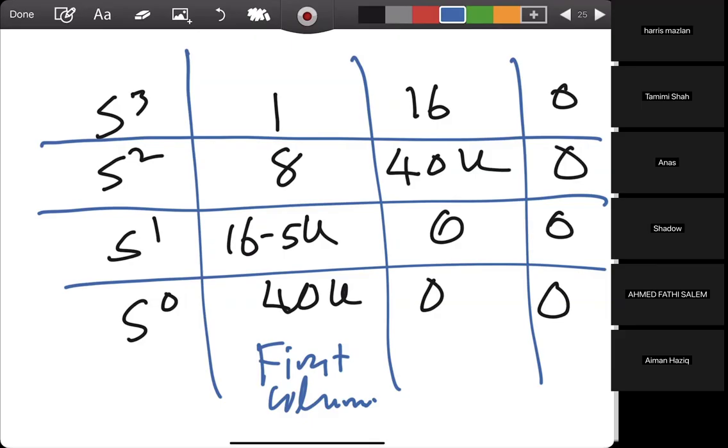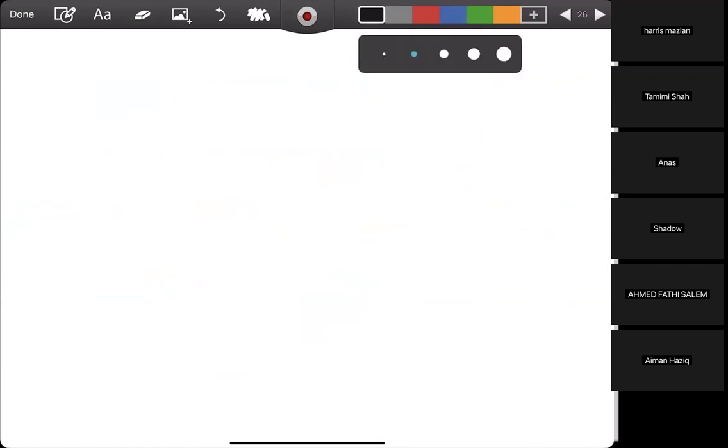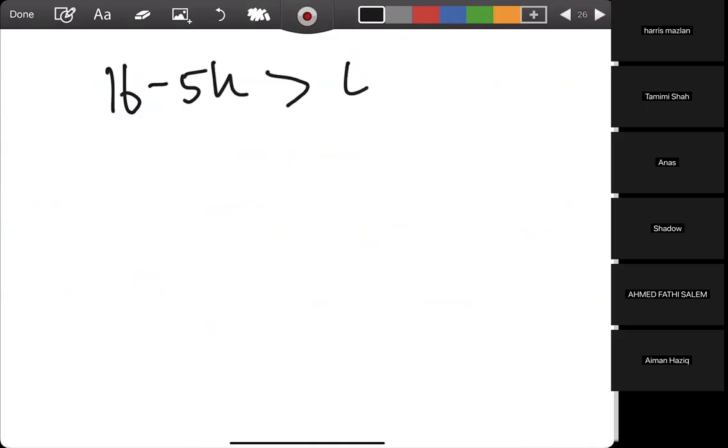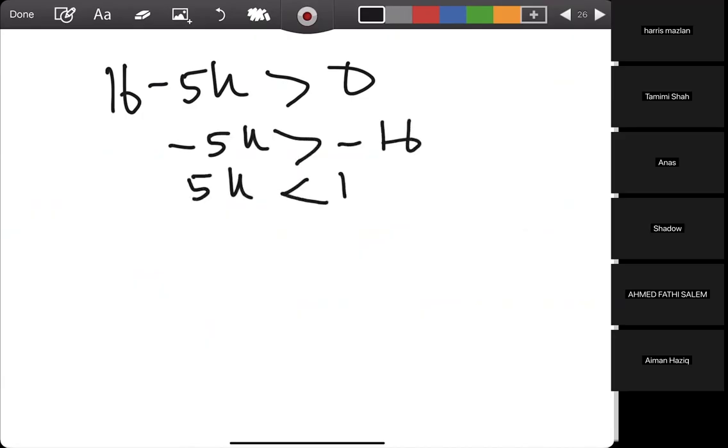So what is the range of stability? So this one is greater than 0, okay. This one must be greater than 0. This one also must be greater than 0. So 16.5K greater than 0, okay, which will give you K less than 3.2.